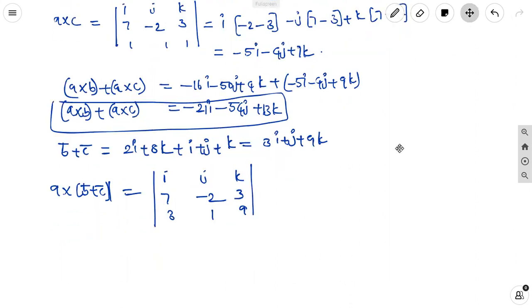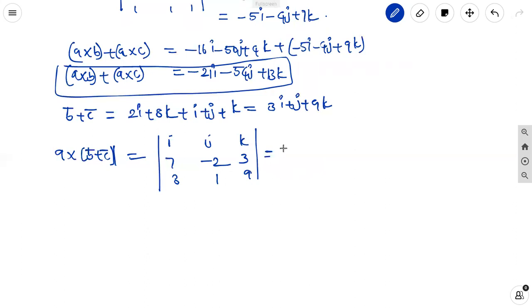Finding the determinant, it is equal to i into (minus 18 minus 3), minus j into (63 minus 9), plus k into (7 plus 6).